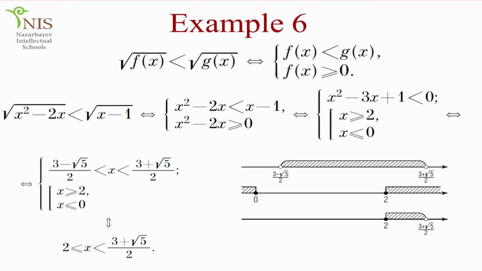And by solving these simultaneous equations, we get a quadratic inequality, x squared minus 3x plus 1 is less than 0, and we get x bigger or equal to 2, x less than or equal to 0. So by analyzing all these 3 ranges, we get the final answer. It will be x between 2 and 3 plus square root of 5 divided by 2.